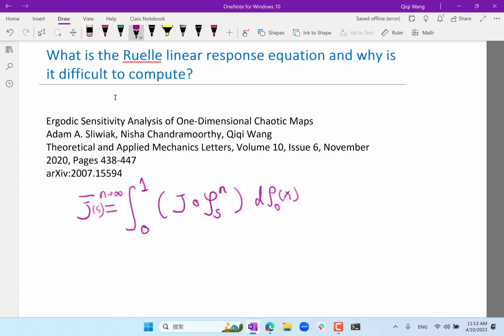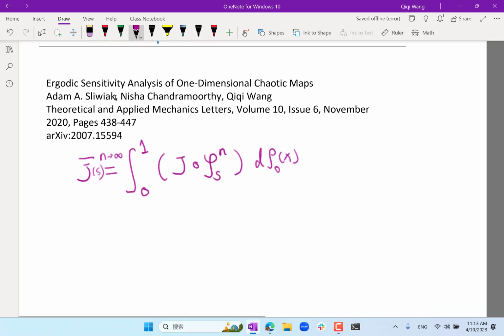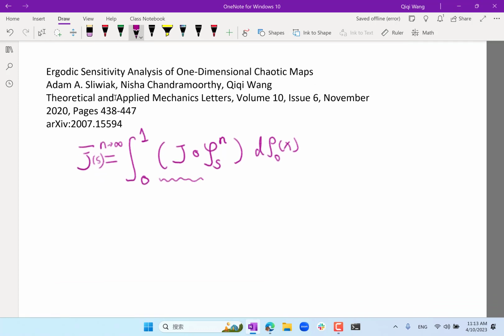So the Ruelle formula really starts from this and differentiates this composite function with respect to the parameter s. Of course we know how to differentiate a composition of two functions, a function f and a function g.